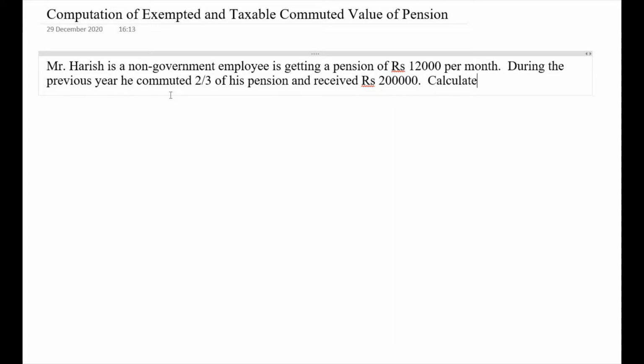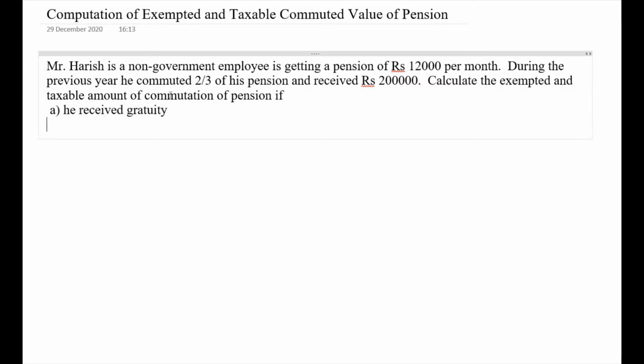Calculate the exempted and taxable amount of commutation of pension if A, he received gratuity, B, he did not receive gratuity.